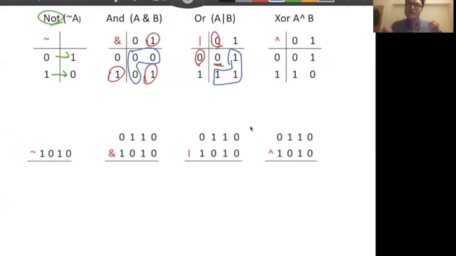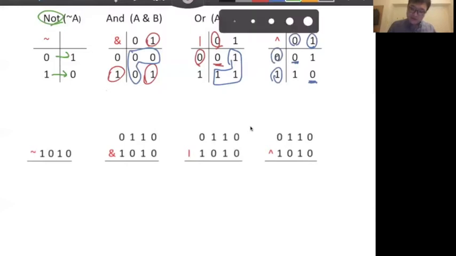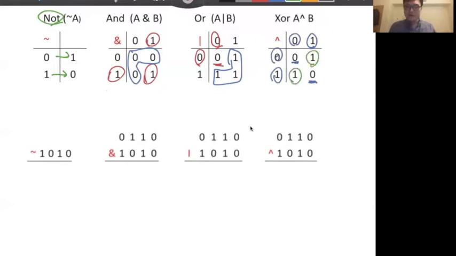If the two values are the same, it returns zero. Otherwise, it returns one. If I have one and one, we get zero. Zero and zero gets zero. But if we have zero and one, we get one. So if the two numbers are equal, it becomes zero. If the two numbers are different, it returns one. So this is the difference.